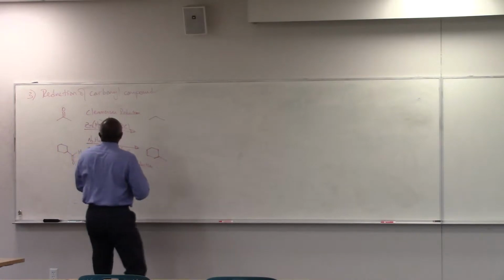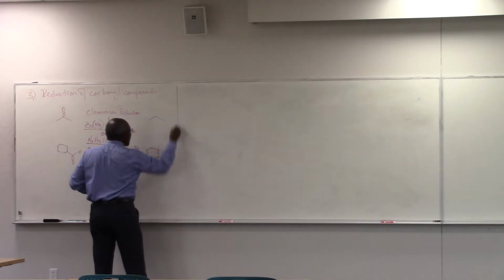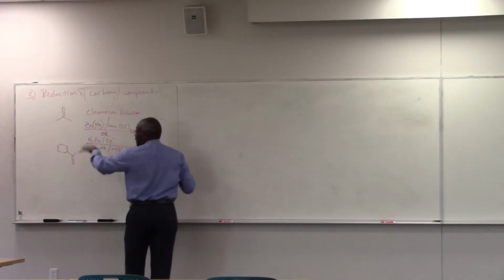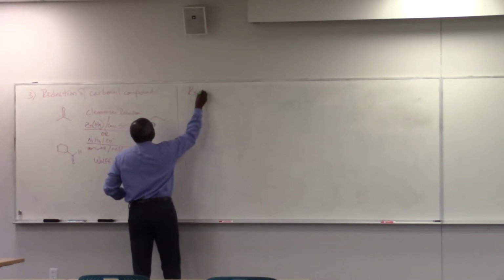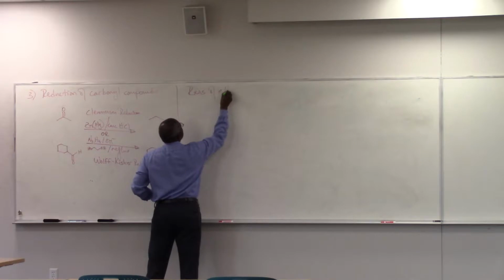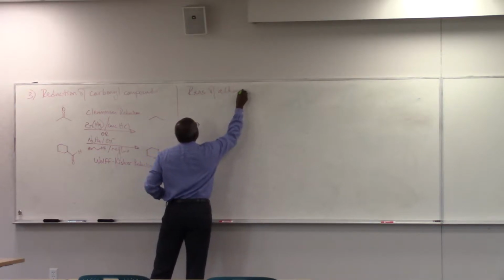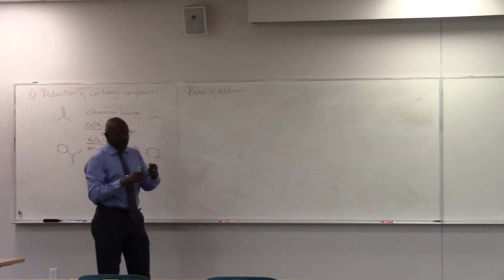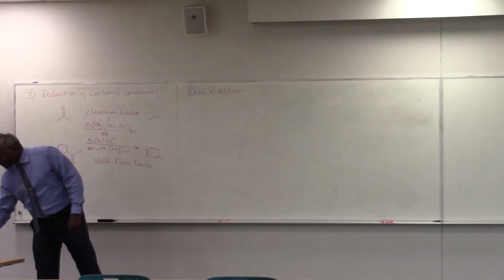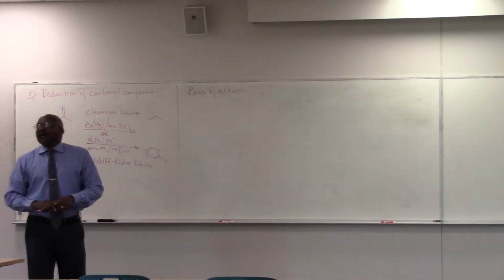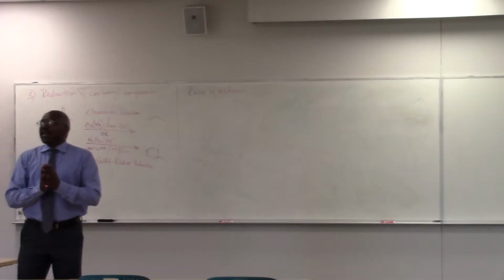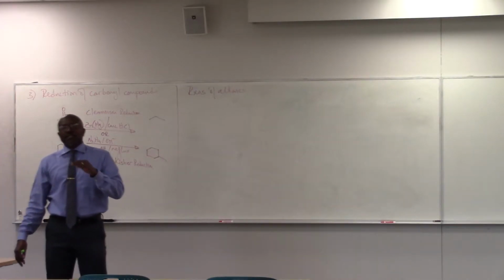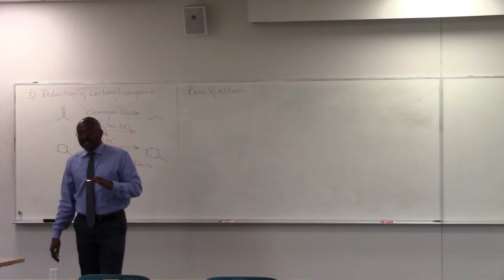All right. Then the last thing we look at in this series is reactions of alkanes. And again, this is alkanes and cycloalkanes because they are kindred. Okay, so we are only interested in mentioning two reactions of alkanes and cycloalkanes.